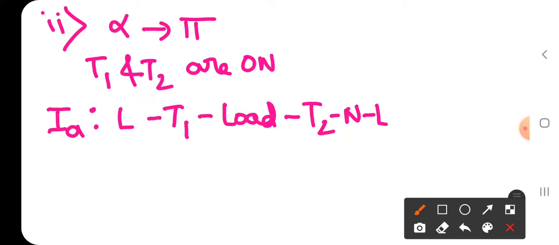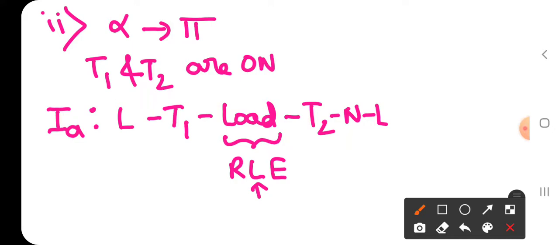Here the load is a motor, in the sense an RLE load. We know that when current passes through an inductor, the inductor starts to store energy, and the inductor does not allow a sudden change in the current.